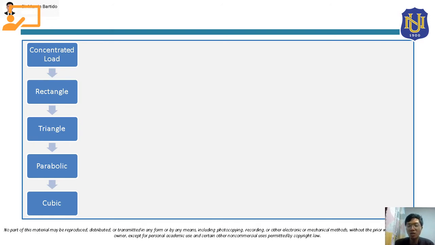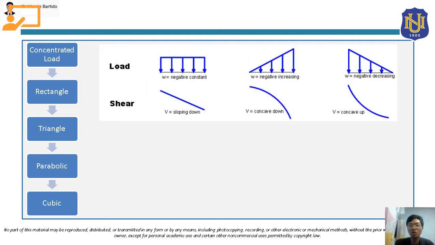And also, class, we can use these rules in drawing the shear and moment. So, class, let's say we have these loads. For these loads, they are all negative since they are all directed downward, right? So for this load, this is a negative constant, since this is uniformly distributed.